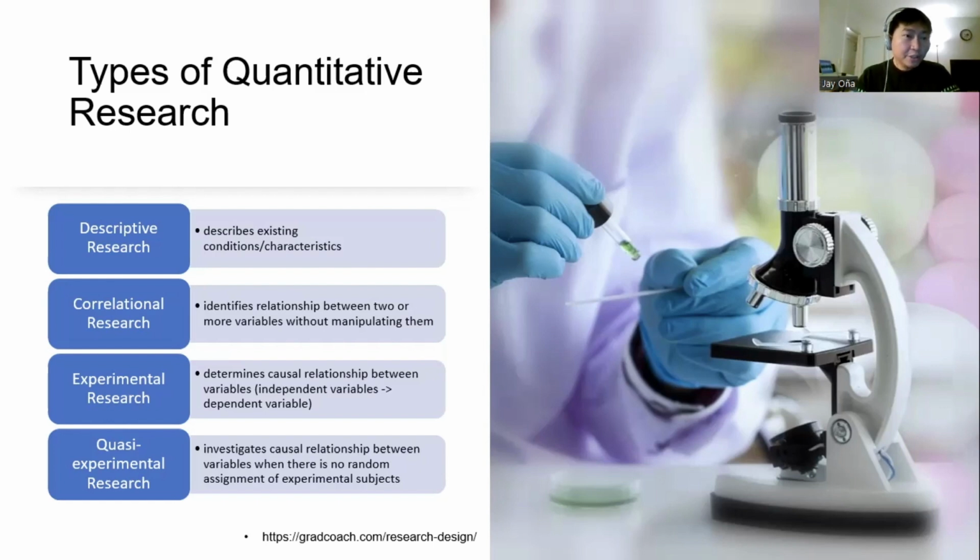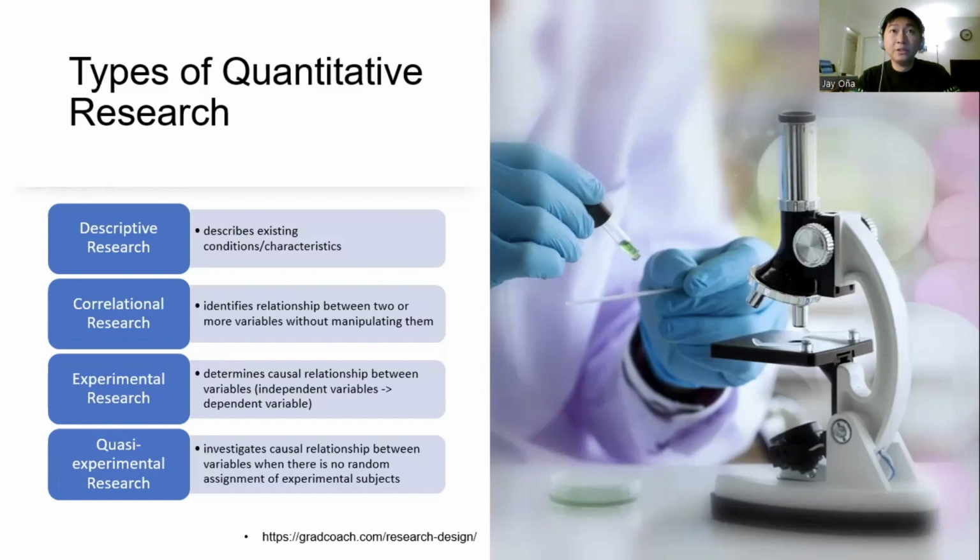And one other type of quantitative research is the quasi-experimental research, which investigates causal relationship between variables when there is no random assignment of experimental subjects. That means yung experimental subjects po natin ay pre-existing na. But we want to see if there is causal relationship between that variables.